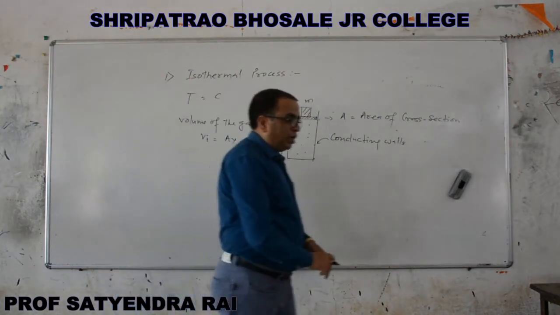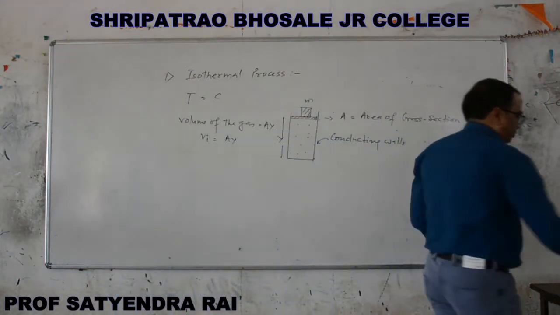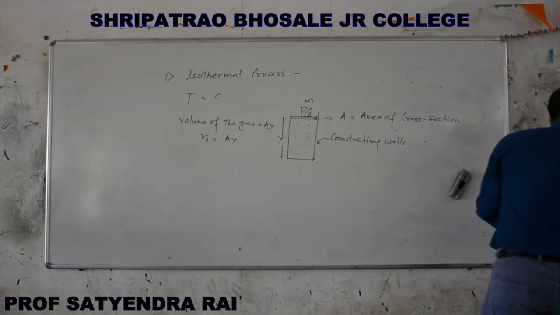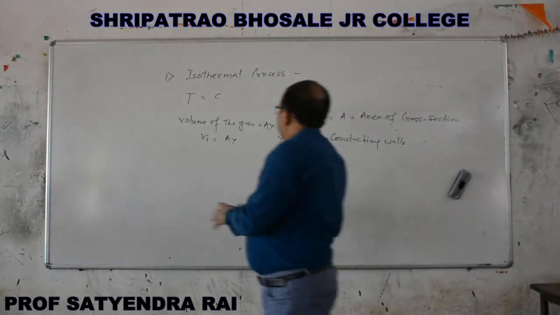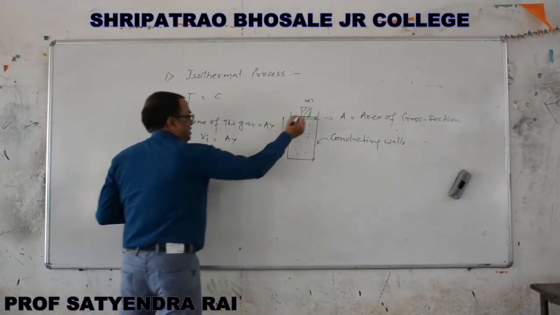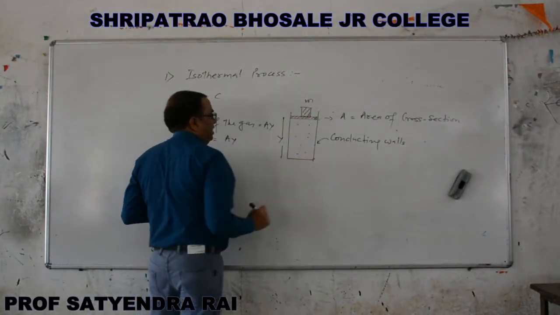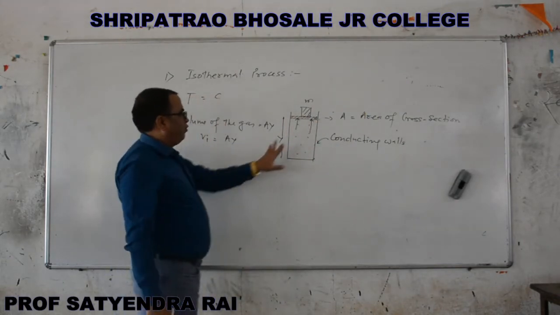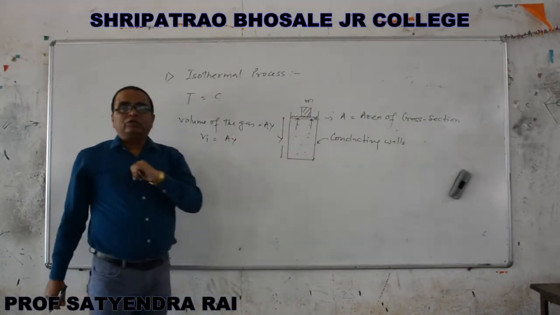The volume of the gas right now is area A into l, so V initial is A l. Now the block along with the piston is in equilibrium. That means its weight is cancelled out by the force exerted by the colliding molecules of the gas.